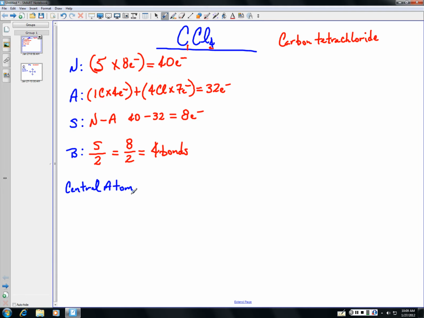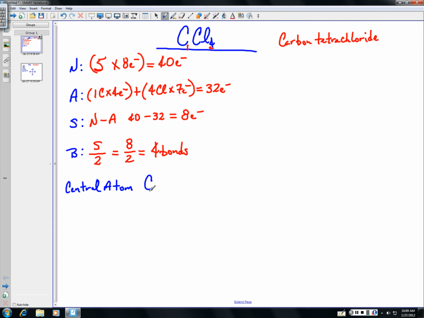The other is carbon always likes to be in the center. And the third reason is it's the only one of its kind in that structure. I've got 1 carbon and 4 chlorines, so carbon is probably the central atom. I'm just going to change pen colors here for a minute. So the central atom is carbon.